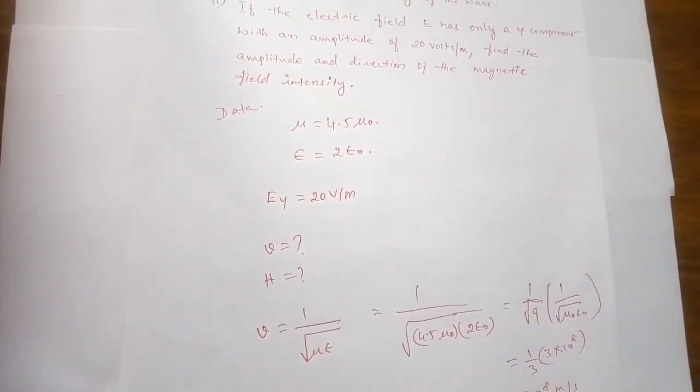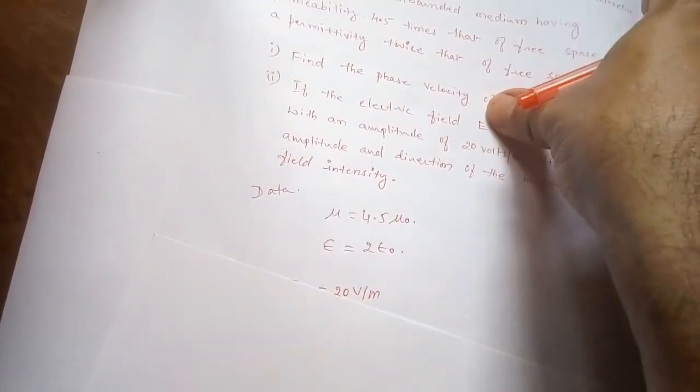Okay. Now we have to find out the direction of H. A plane wave traveling in the x direction has components only in the yz plane, in which the electric and magnetic vectors are normal to each other. Since E is directed along the y direction as per the data, H must be along the z direction.